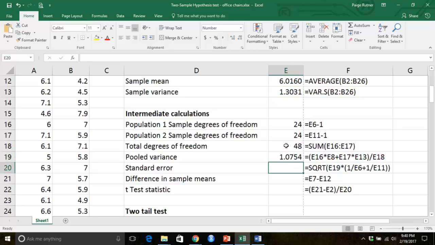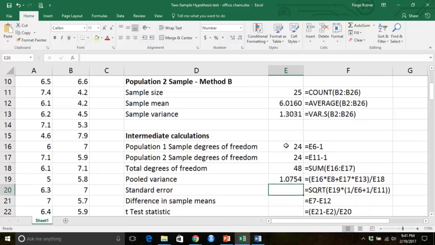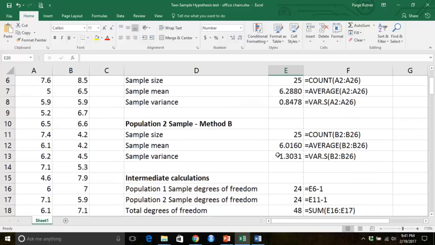And so if I've done that computation correctly, and I think I have this time, that gives me a pooled variance, which you can, again, kind of check intuitively.